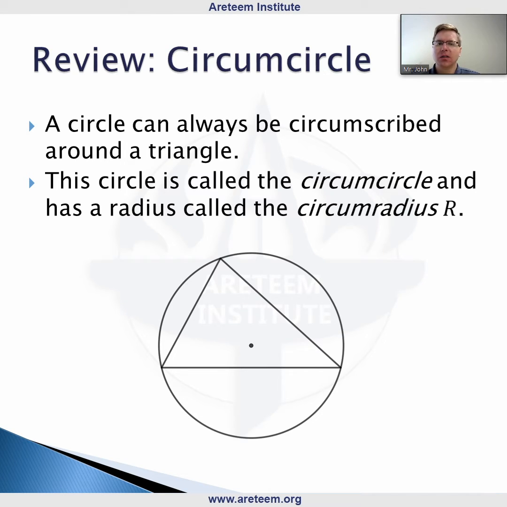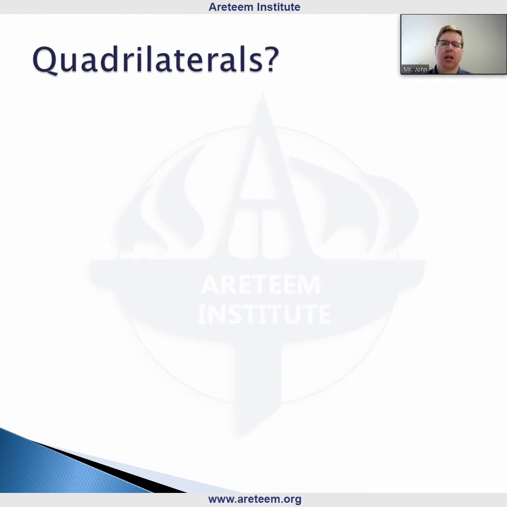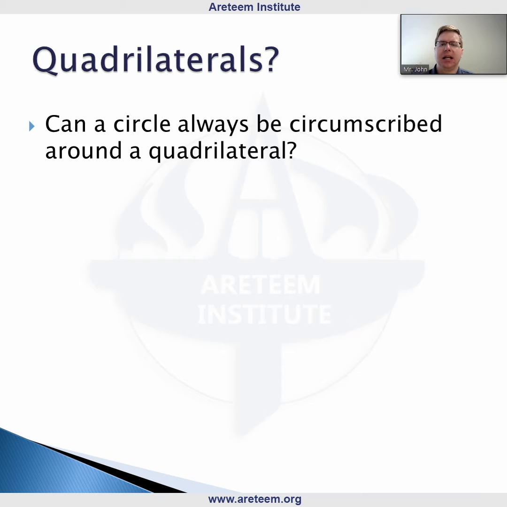Now, our topic today is of course quadrilaterals. So we want to think about that a little bit more. And we actually have to take a step back and start with a simpler question. We want to start with this always question. Can a circle always be circumscribed around a quadrilateral?